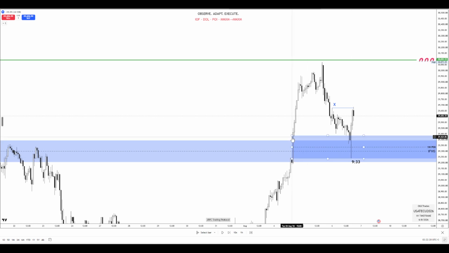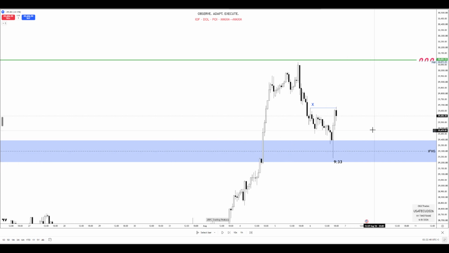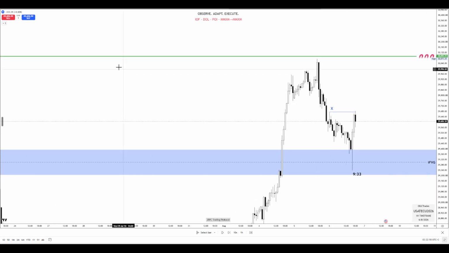I have 2 points of interest, so they are kind of combined. So I'll just take out the 1 hour. Then I'll leave the higher time frame as a daily.